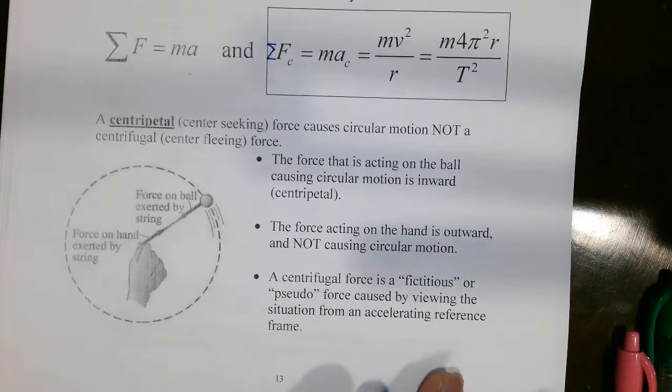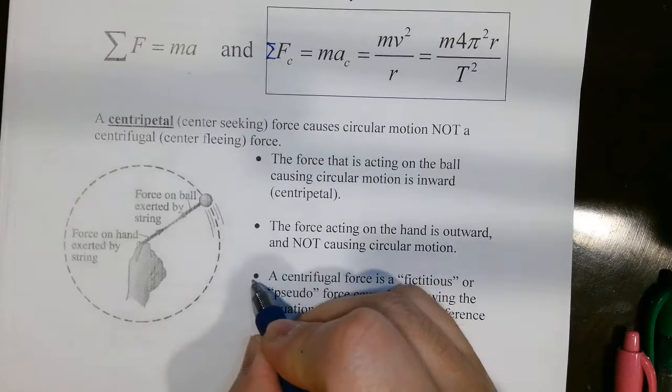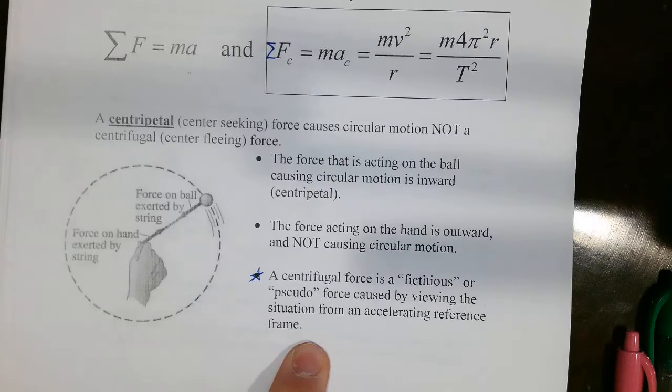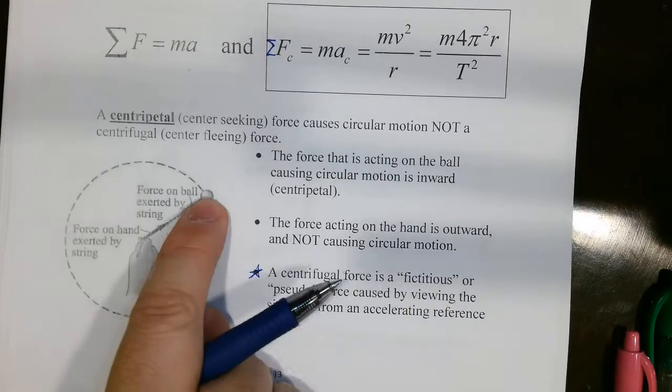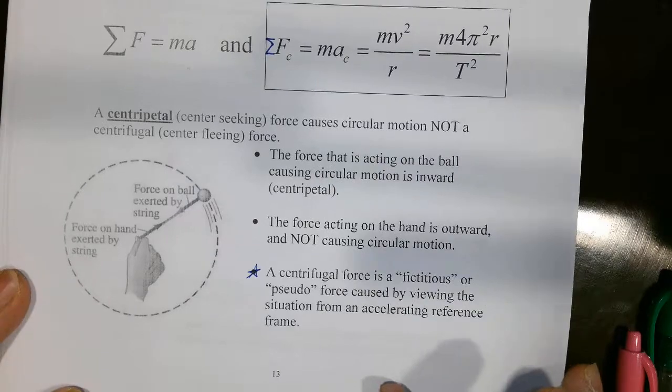The force acting on the hand is outward and not causing the circular motion. The centrifugal force is a fictitious or pseudo force caused by viewing the situation from an accelerating frame of reference. So this is when you place yourself in the accelerated frame of reference. But you don't want to do that. That complicates things. All right?